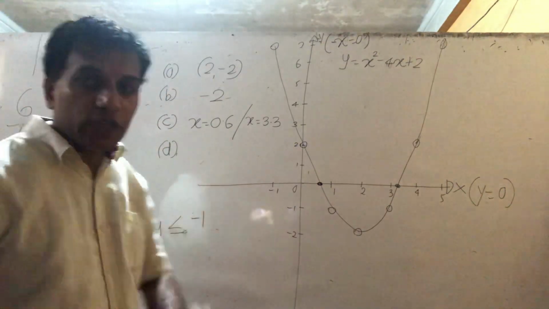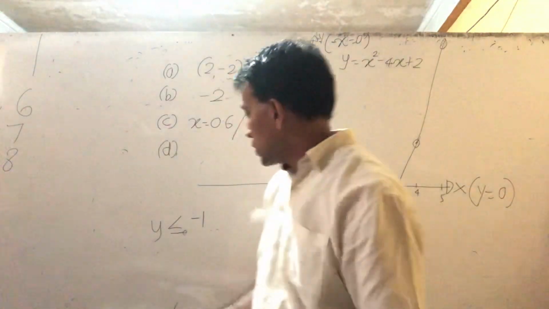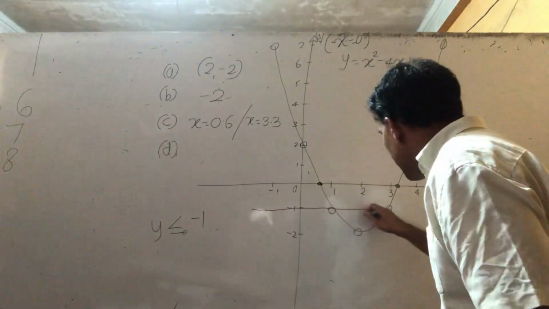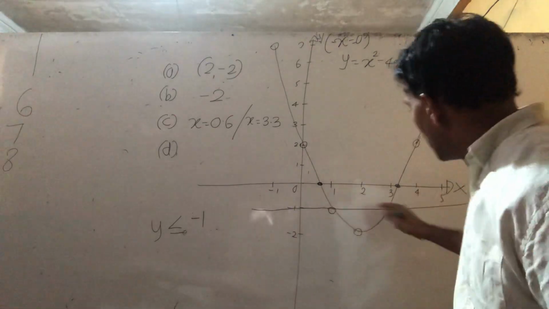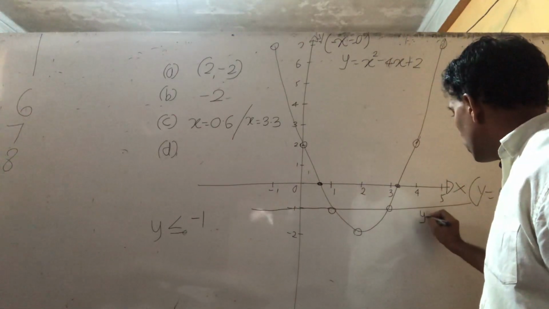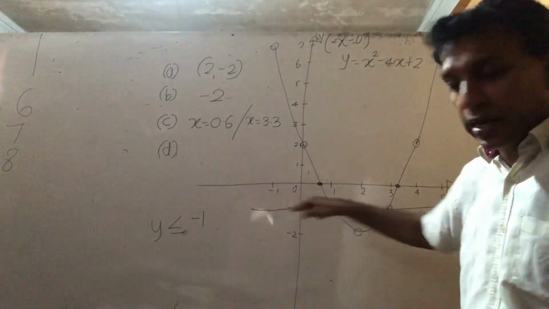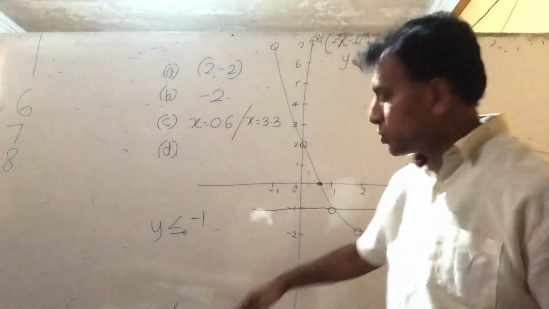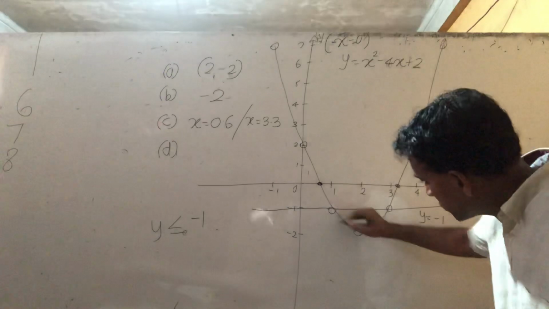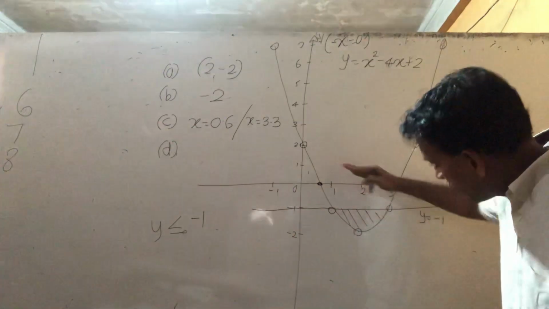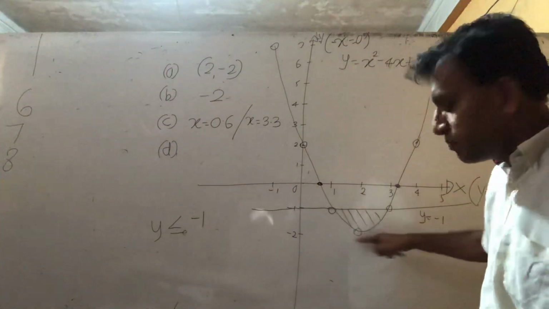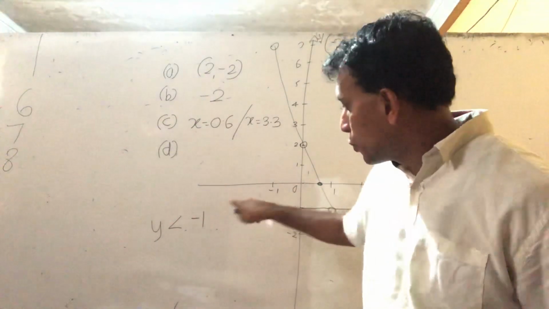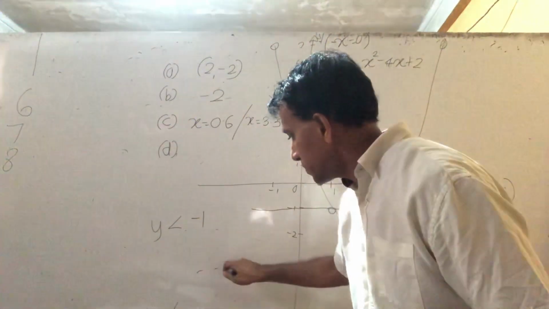In this case, we draw the line y equals -1, right? This is the line we call y equals -1. So y should be smaller than -1, below here. So this part of the graph shape is y less than -1, or equal also. If there is no equal sign, draw a dotted line like this.